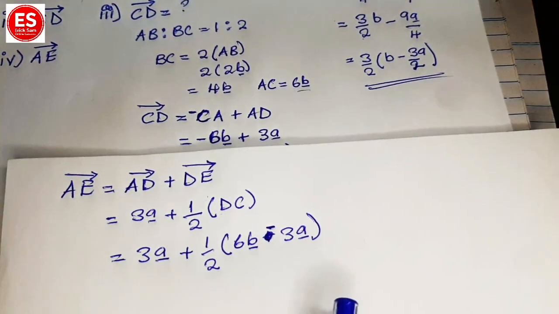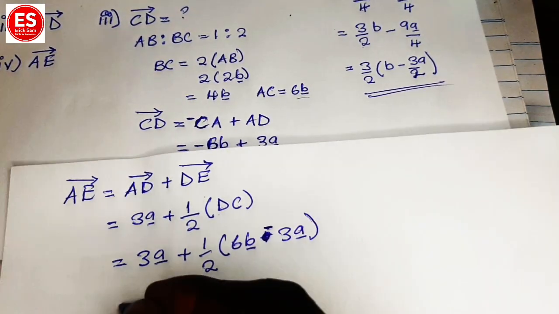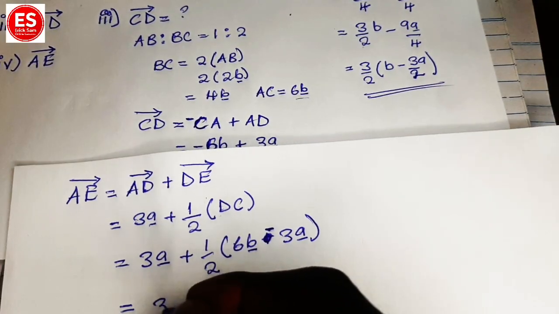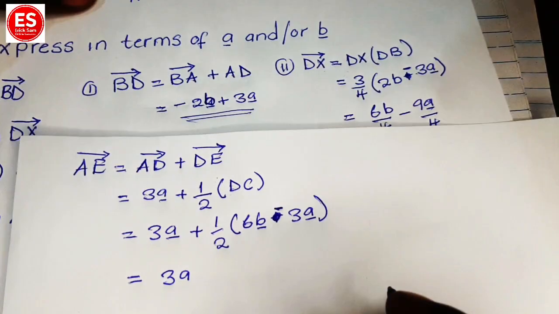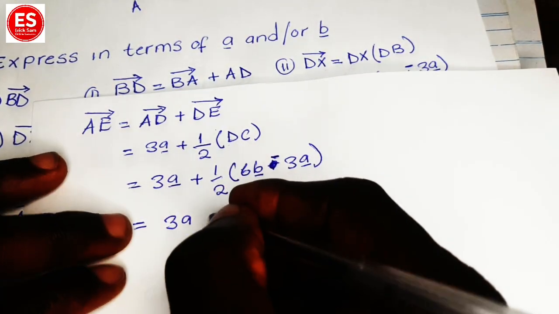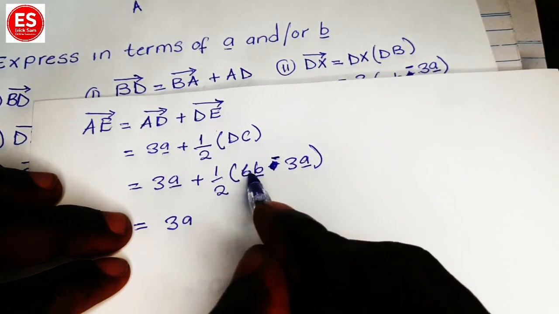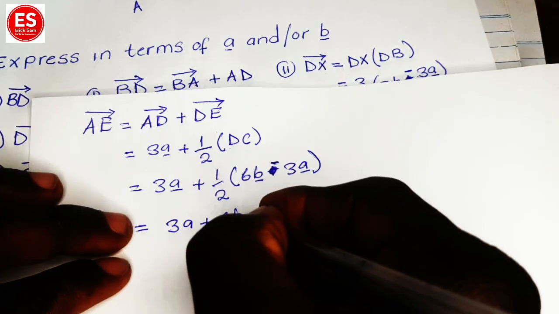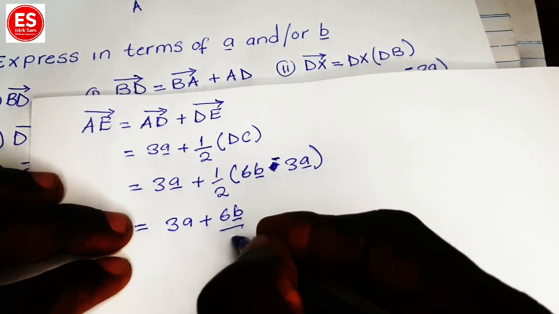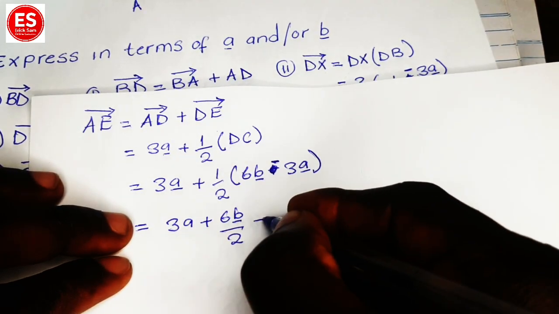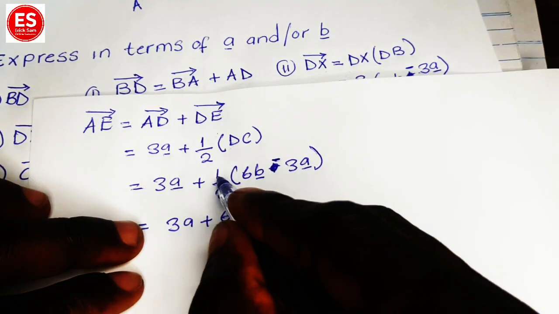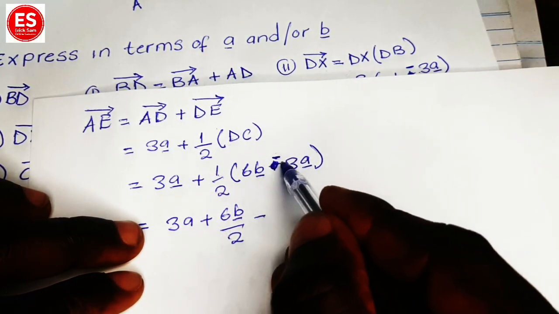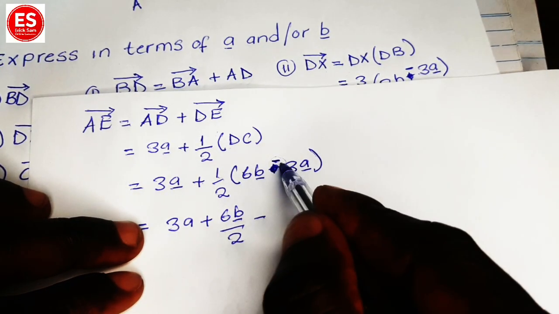So from there, we proceed now by multiplying what we have there. Remember, this times that, you're going to have 6b over 2 minus, then this one times minus is coming from here because it's positive times negative.